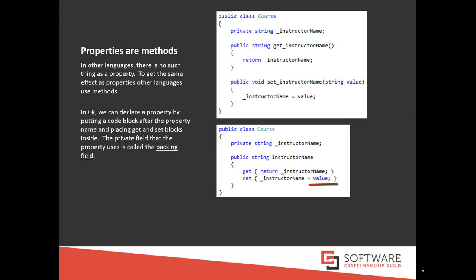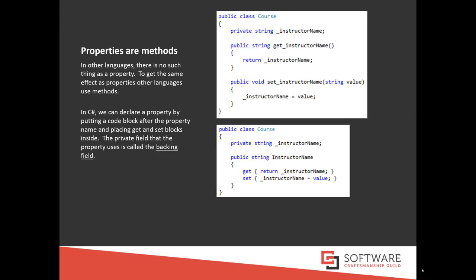Notice that this time the value keyword is blue instead of black. In the above example, set instructor name, value is a variable, and it's one that we defined. We could have named that whatever we wanted. In a property, like the bottom example, the set accessor has a keyword called value, and that is set to whatever another programmer tries to assign the instructor name to.